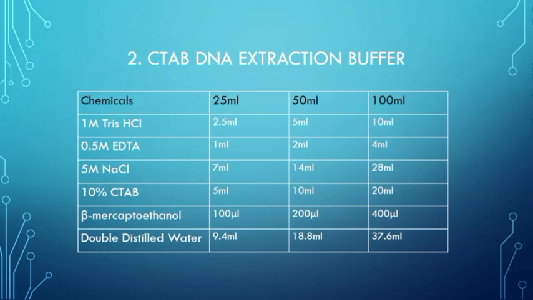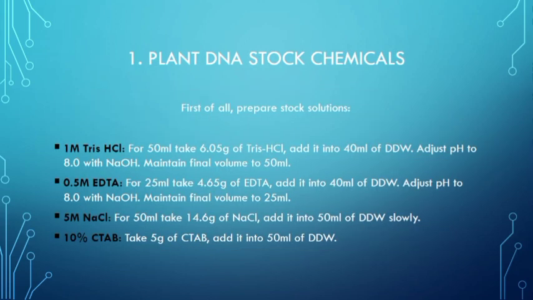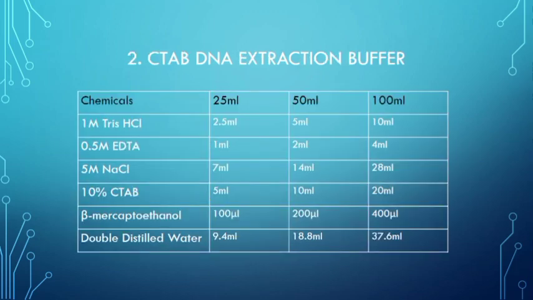The second step is the CTAB DNA extraction buffer. We first prepare the stock solutions, and from these stock solutions we prepare the CTAB DNA extraction buffer. The chemicals you need are 1 molar Tris HCl, 0.5 molar EDTA, 5 molar NaCl, 10% CTAB, and finally beta mercaptoethanol.